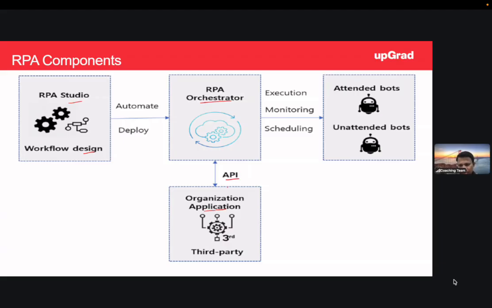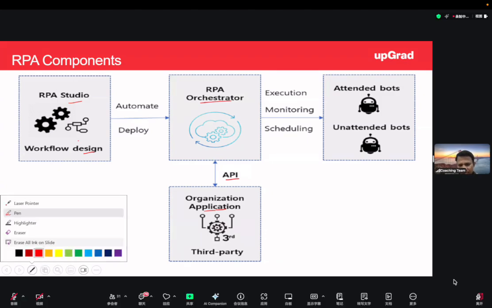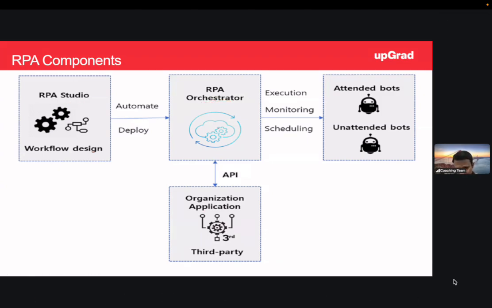Now my orchestrator will be able to give services to outside my organization as well, using the bots, using the automation I created in my organization. Got it? So that is the role of orchestrator and the possibility scenarios if I have this sort of architecture or workflow design. Agree?